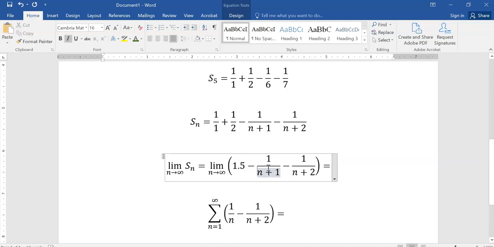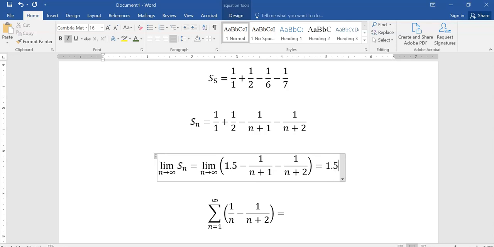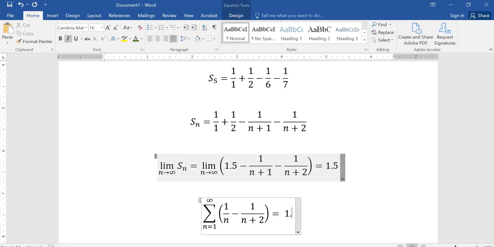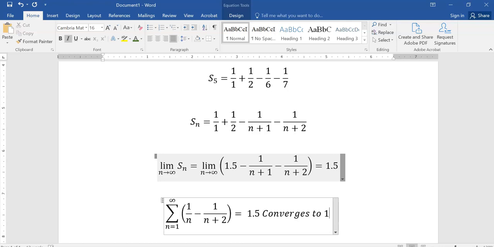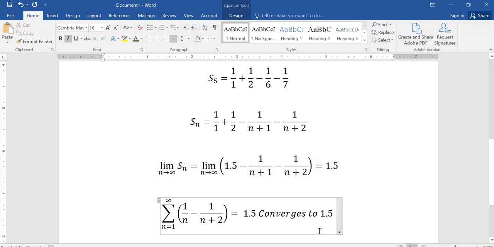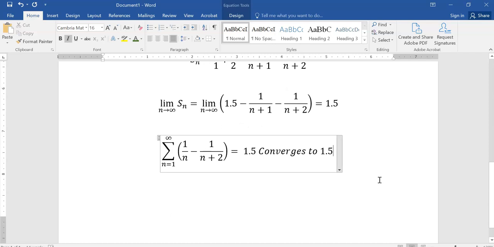And as n goes to infinity, this whole fraction also goes to 0. So the limit is 1.5. So this infinite summation converges to 1.5. Okay, if you want to write that as 3/2, if you want to write that as 1.5, either way is all right.